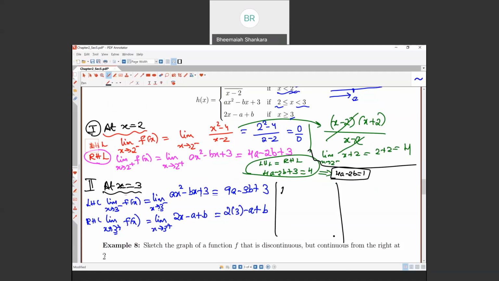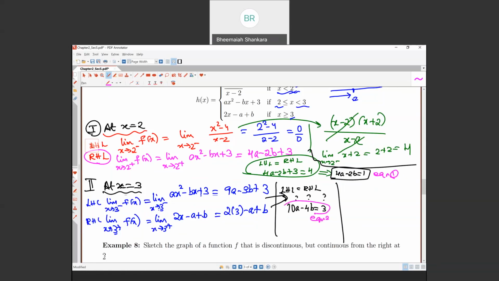So do this, equate left hand limit equal to right hand limit. Simplify the equation. You will have 10a negative 4b equal to 3. I want you to do this one-step calculation here, and then you see this equation. Now we have two equations with a and b. I'm going to name these equation 1 and equation 2.